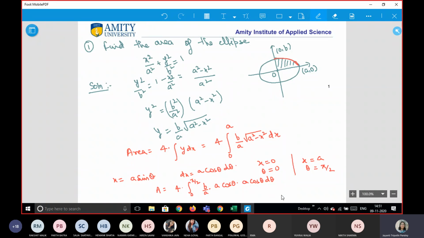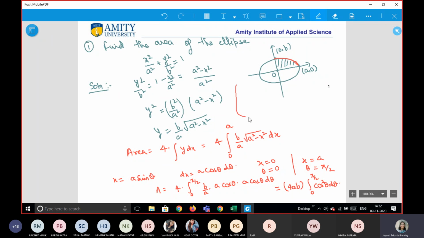Is this okay? This is the value for y and this is the value for dx. So this is 4ab integral 0 to pi by 2 cos square theta d theta.